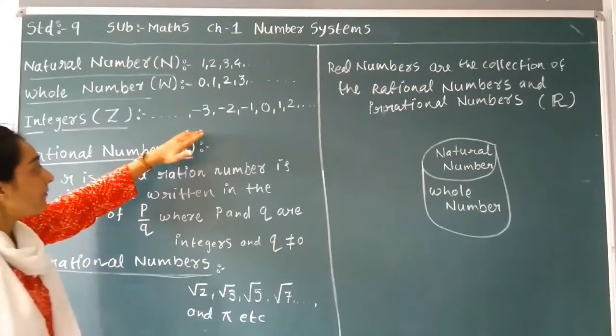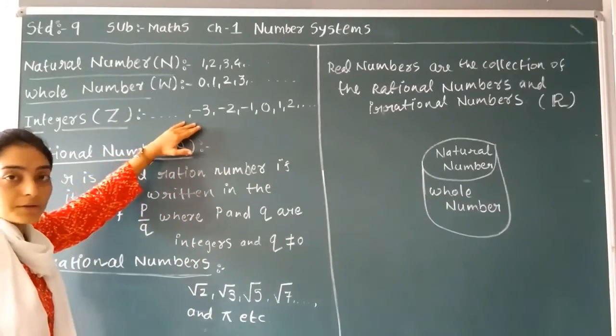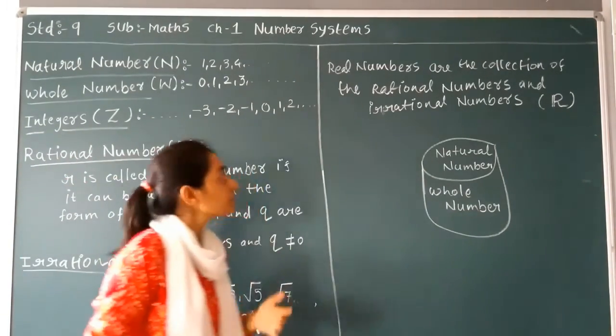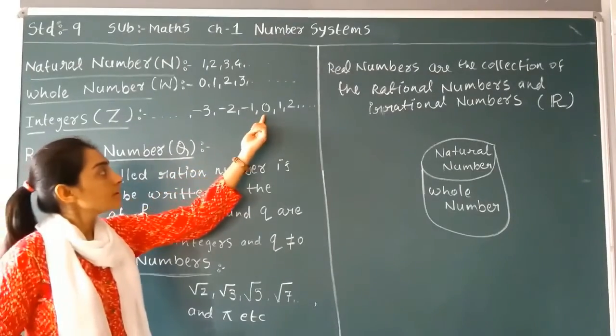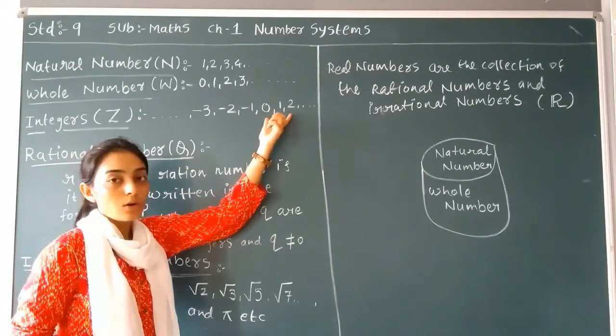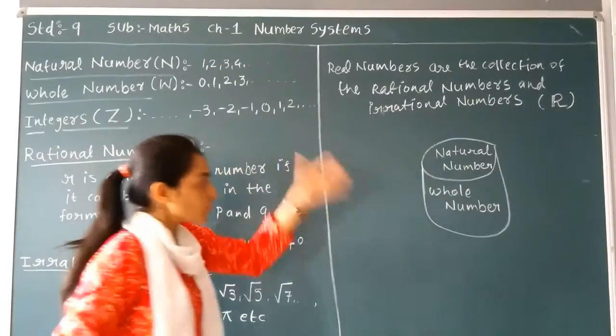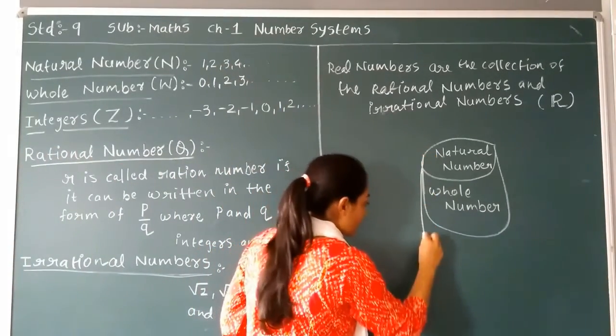And if we add negative numbers, we get the integers. Again it includes 0, 1, 2, 3, the whole numbers and the positive numbers, which are the natural numbers.